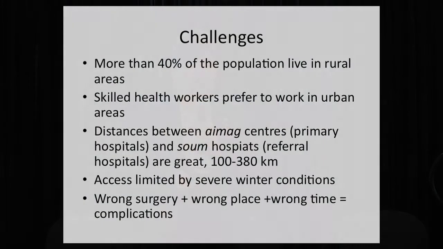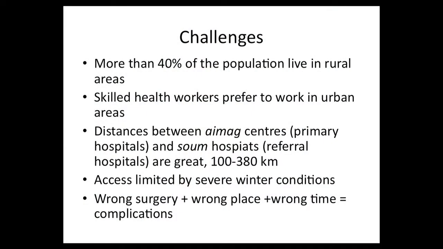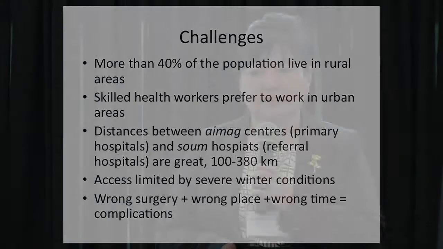In Mongolia, about 40% of the population live in rural areas, and the district is named IMAX, and Mongolia has 21 provinces, and between provinces and first level hospitals the distance is far.